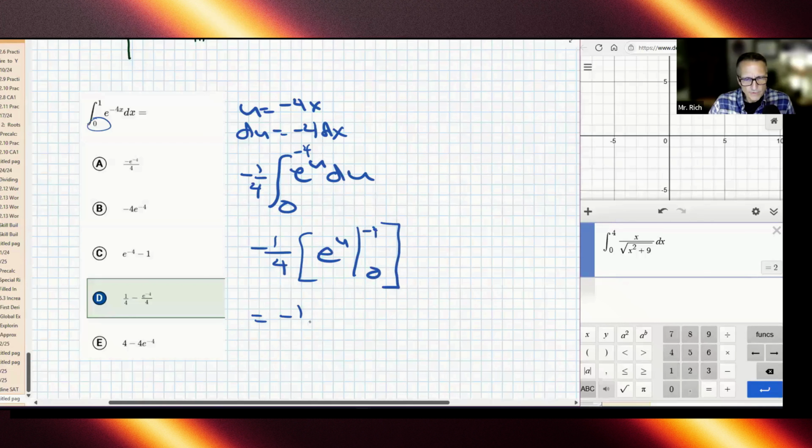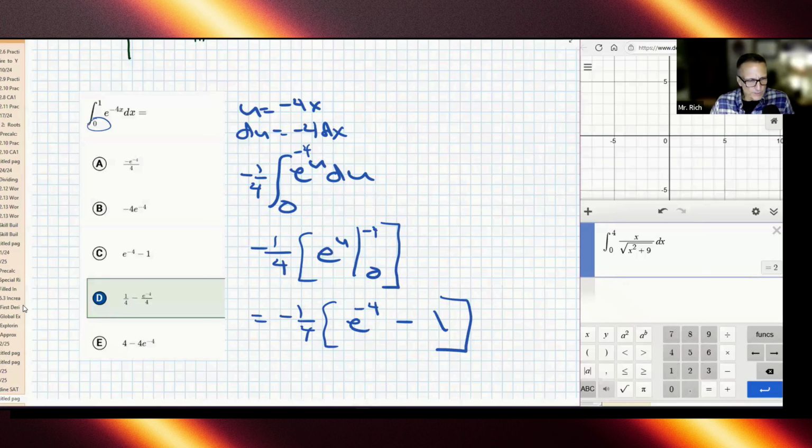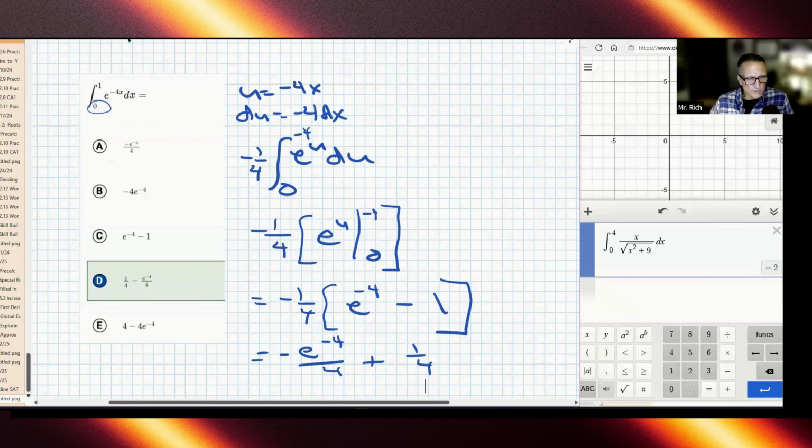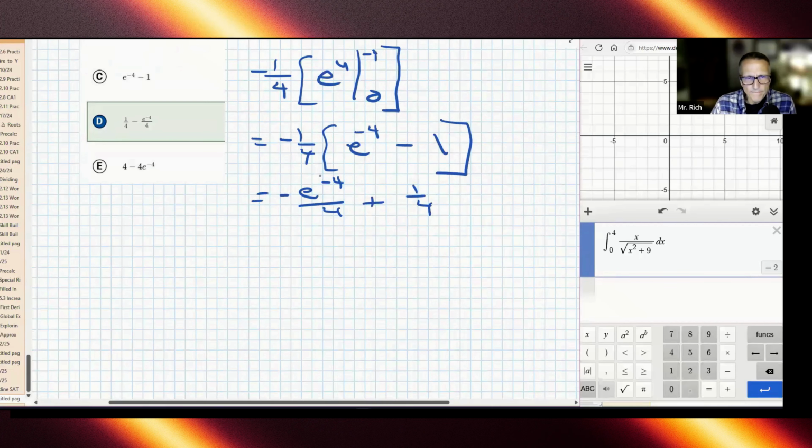So this is negative 1/4 times e to the negative 4 minus e to the 0, which is 1. And if you distribute to match it to the answer over there, you would want to distribute that negative 1/4. So it'd be negative e to the negative 4 over 4 plus 1/4. Changing the order of those gets you the answer D right there: 1/4 minus e to the minus 4 over 4.